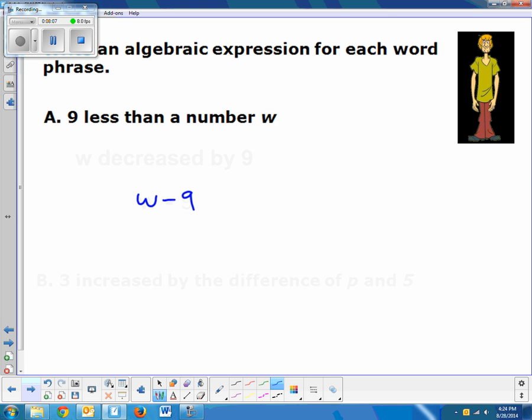And so 9 less than 20, we'd have to do 20 minus 9 to get that 11. And so it is set up correctly, even though it's a little bit counterintuitive in the fact that we read from left to right, and so we want that 9 to go first in our algebraic expression, but it doesn't. You need to be very careful when that happens.